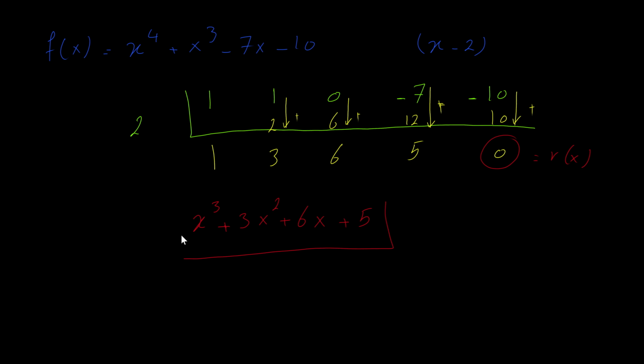And this is my q of x. So that's f of x, that's my divisor, this is the quotient, and that's my remainder. So if you see, doing the synthetic division is pretty easy, straightforward, and fast. And you can get the remainder and the quotient from it in just one step, basically.